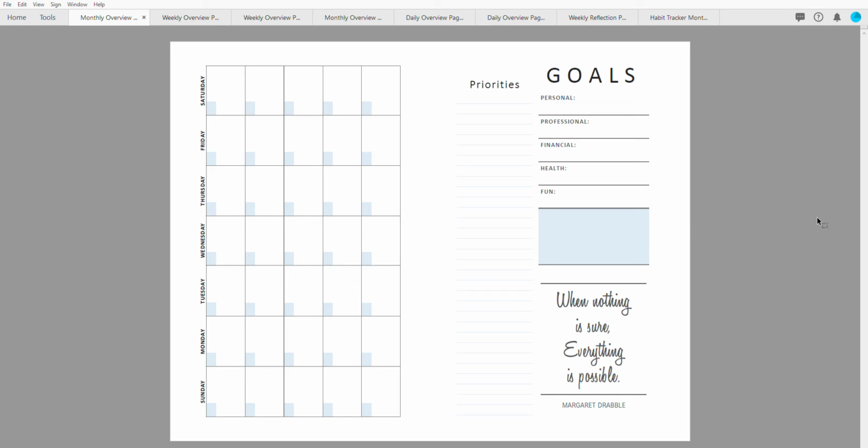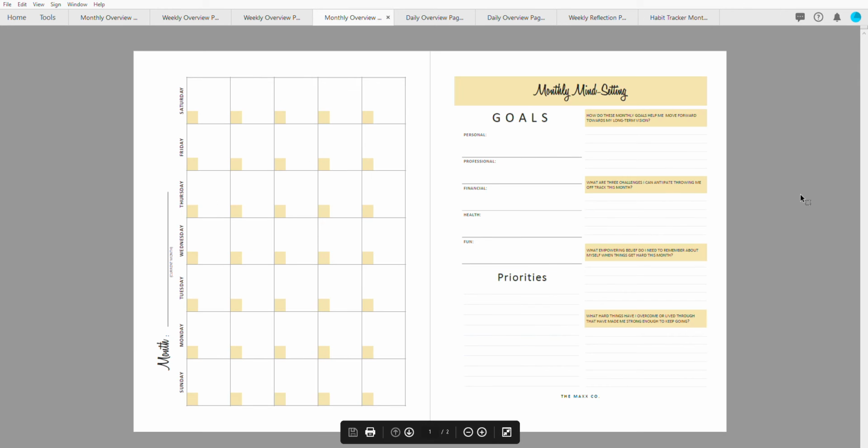So that's the overview of the 2M view. Let's toggle over to the monthly overview in the 4M tool. As you can see, this is a little bit different from our 2M overview, but still very similar.